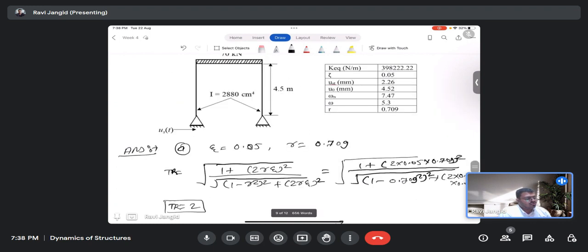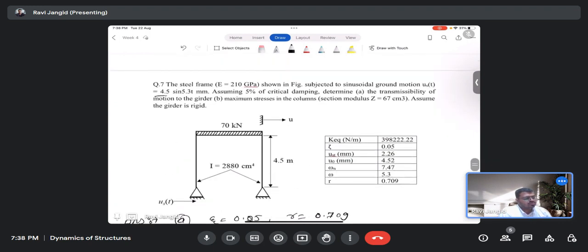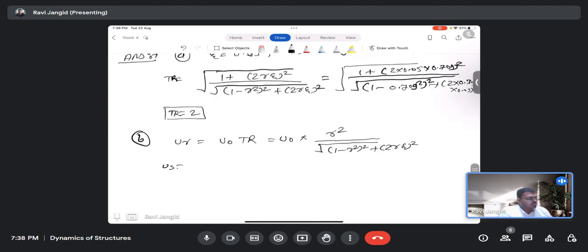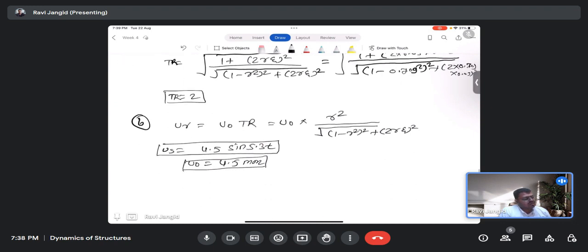The U naught is given in the question, 4.5, as U equals 4.5 sine 5.3t. So your U naught is 4.5, in mm. Find out the UR.